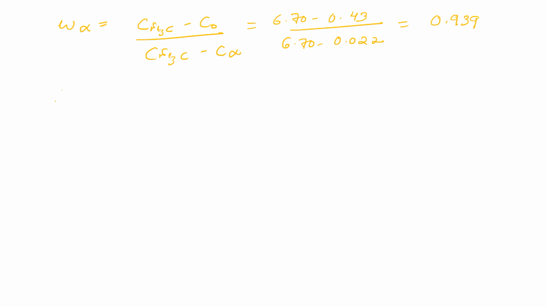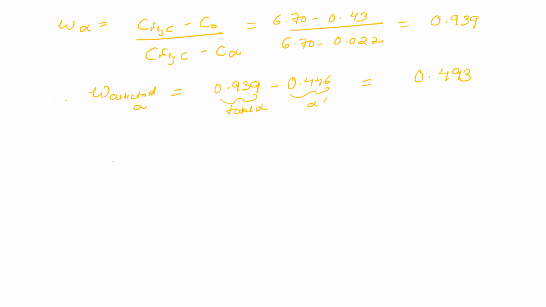So therefore W eutectoid alpha can be given as the difference between the total alpha, this is total, and we had about 0.446 existing as alpha prime, right? So this should give me 0.493 or 49.3 weight percent of eutectoid ferrite.